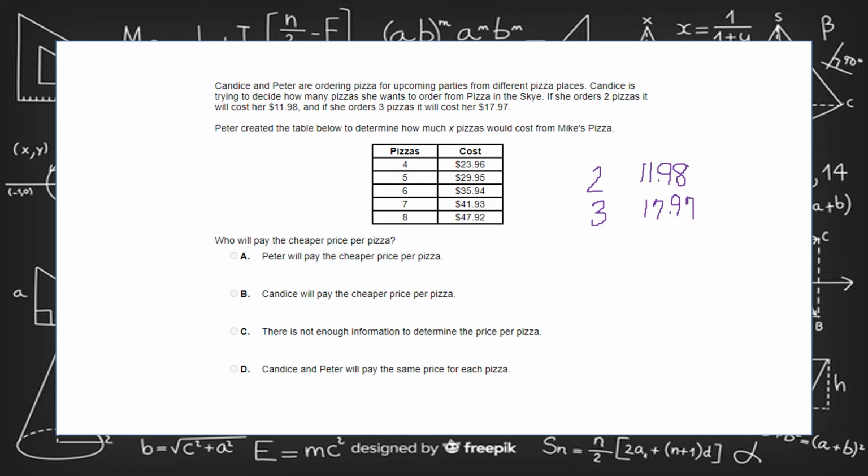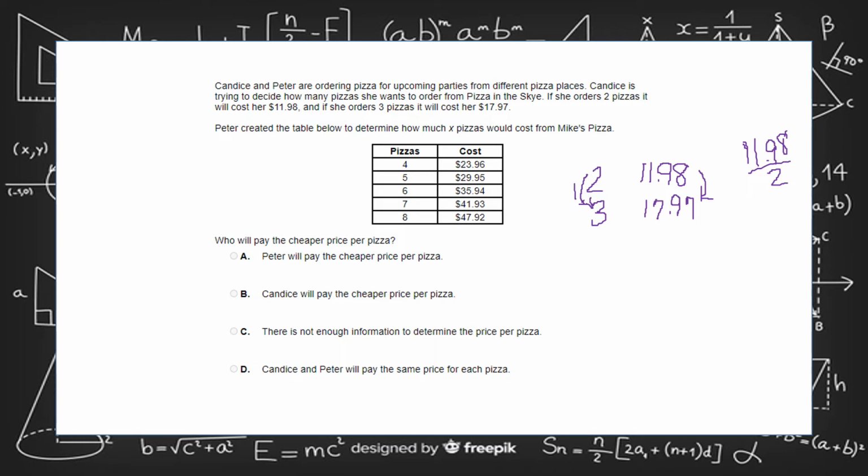Okay, so I'm going to start by trying to figure out how much each pizza cost. And I can do that 2 different ways. I could say $11.98 divided by 2. Or I could see what the change is if I'm going up 1.